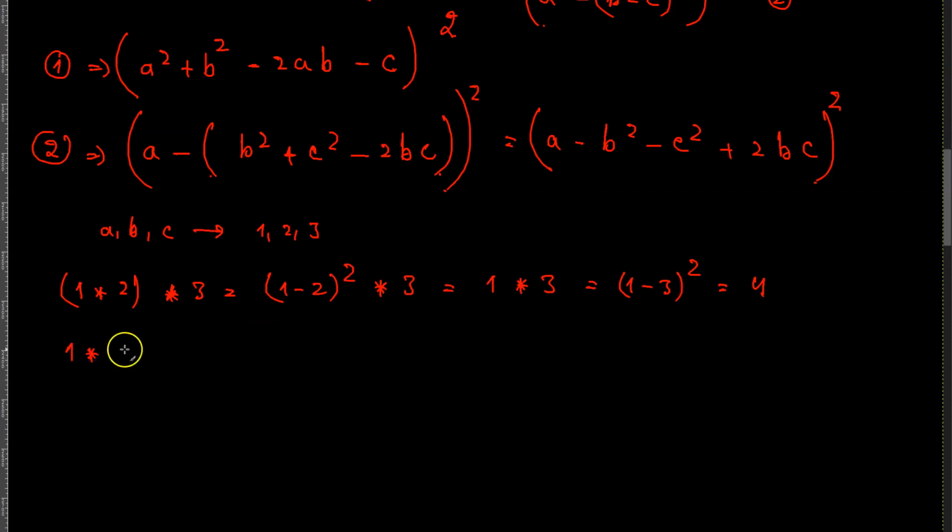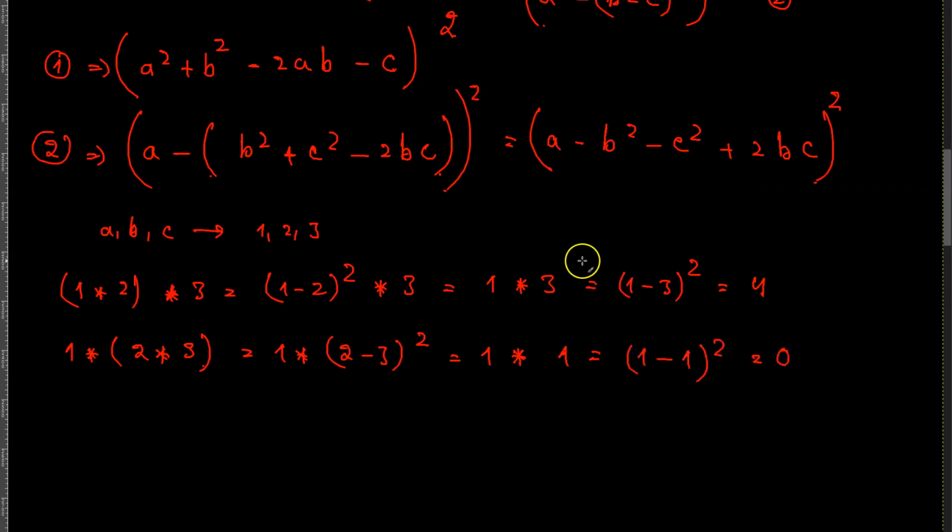Now 1 star 2 star 3 is equal to basically 1 star. Now 2 star 3 is 2 minus 3 whole squared, which is equal to negative 1 squared, which is equal to 1. So that's the same thing as 1 star 1, which is the same thing as 1 minus 1 whole squared, which is equal to 0.